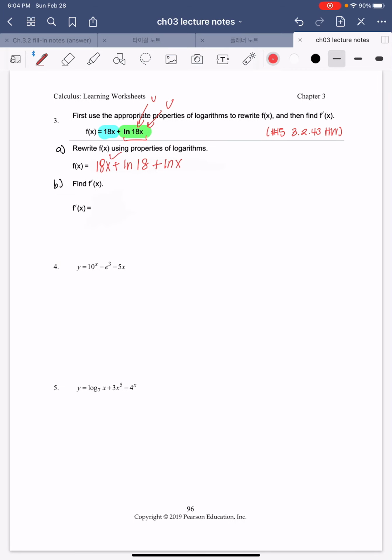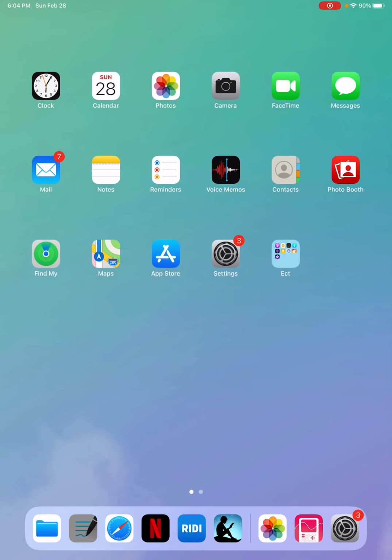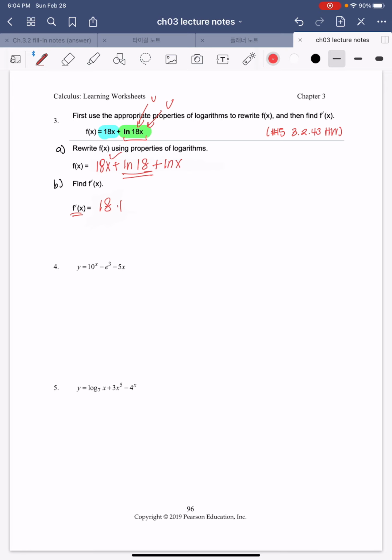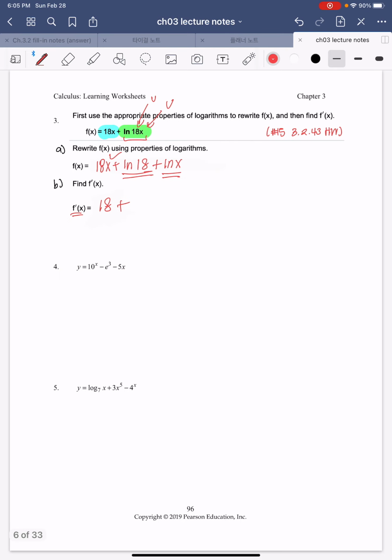Why? With 18x, it's now easy to take the derivative. 18x's derivative will be 18. ln of 18 is just a constant, so that disappears. If you type ln of 18, that's just a number. Any constant disappears. So the middle term disappears. And the last term, ln x, is right here, 1 over x.